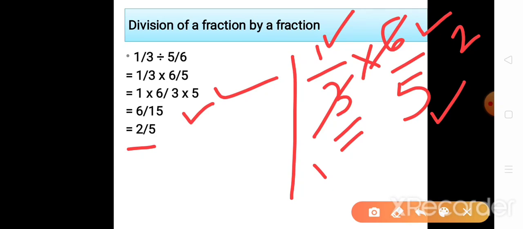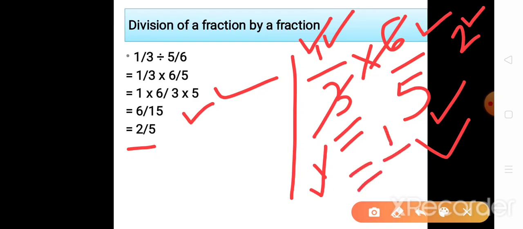The next step will be to multiply this 1 with the number 2 and to multiply the number 1 with the number 5. And the resultant answer is going to be 2 by 5, which is equivalent to what we have got here. So these are the two ways by which you can go with your division.